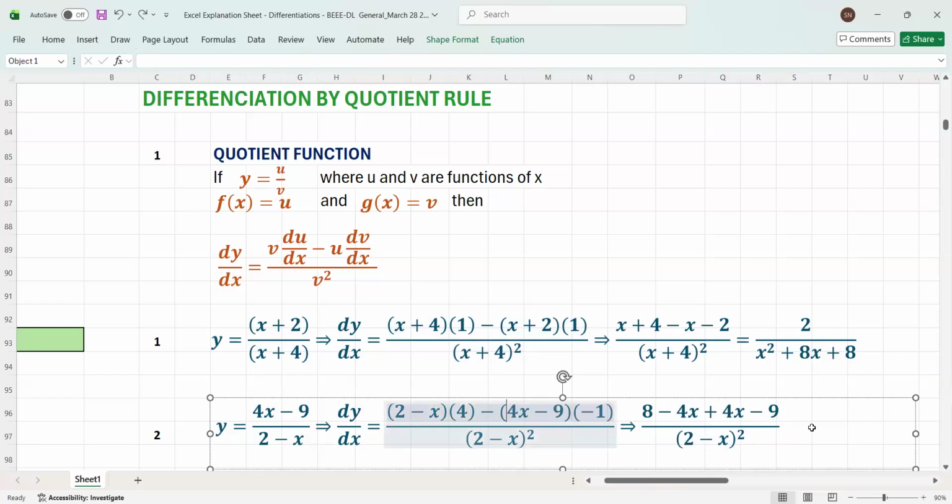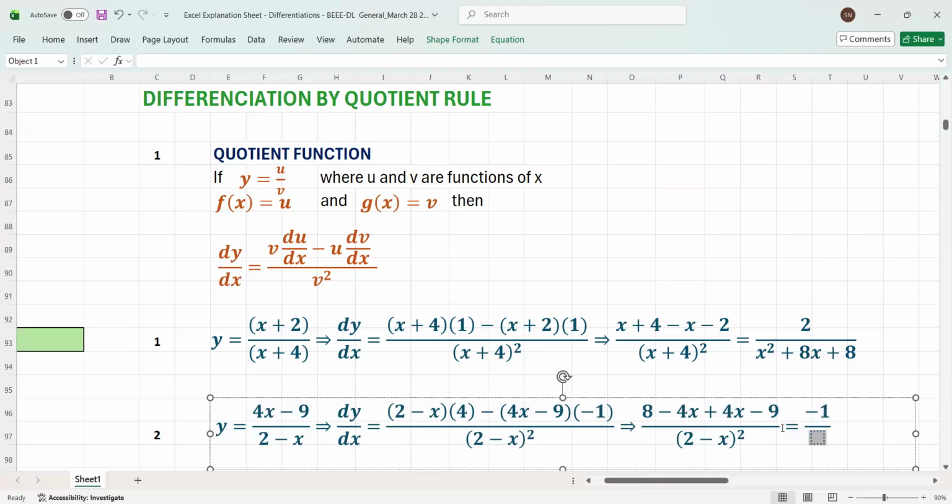So this is right. Now, evaluating this, the numerator will reduce: -4x and +4x will reduce to simply x disappearing. I'll be left with 8 minus 9, which gives me -1.